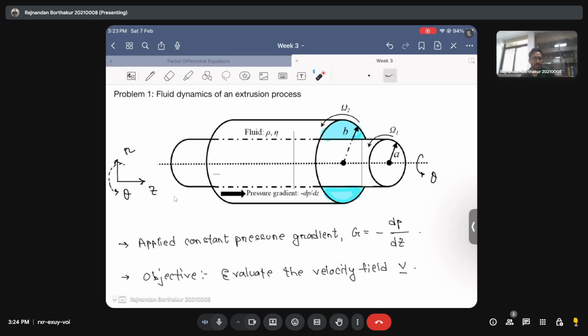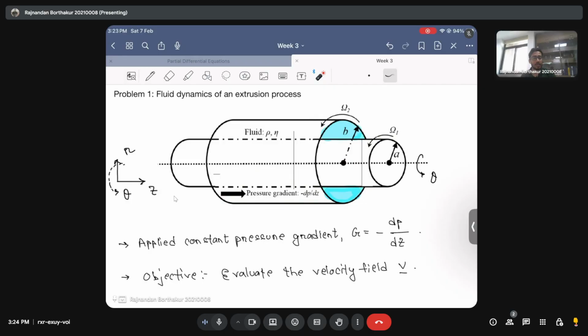Now, as I said, you also need to take out the molten material, and just giving a mere rotation to the cylinder will not lead to the molten material coming outside the die. Okay, so for that you also need to have an axial motion of the fluid. Typically, people apply an axial pressure gradient, which for simplicity you can consider to be uniform.